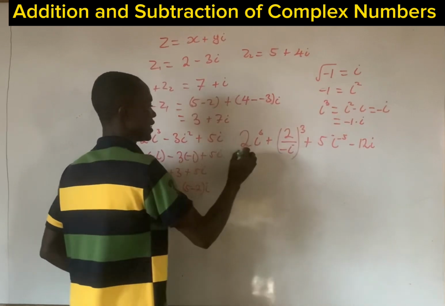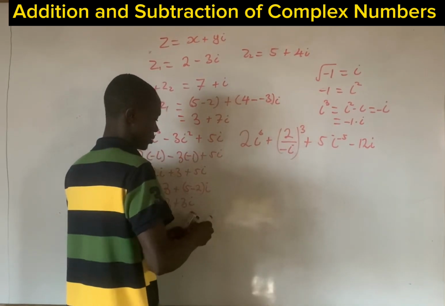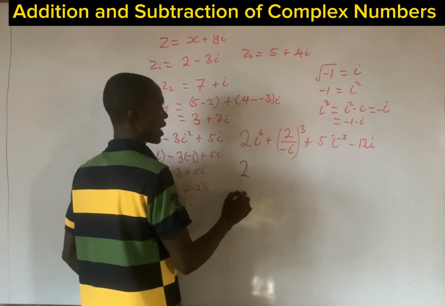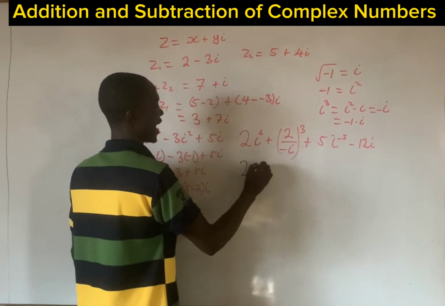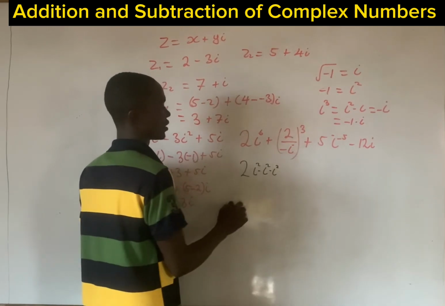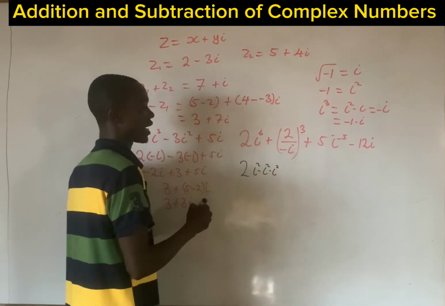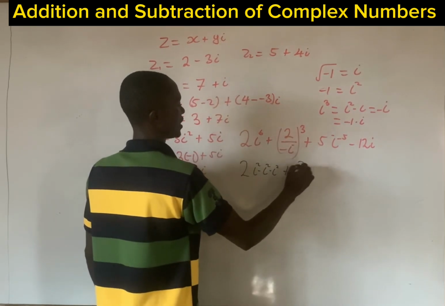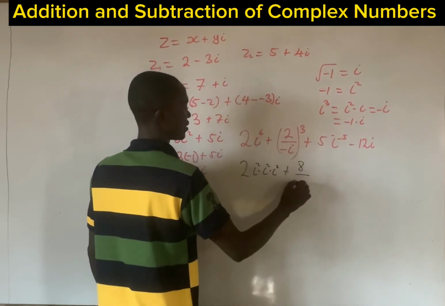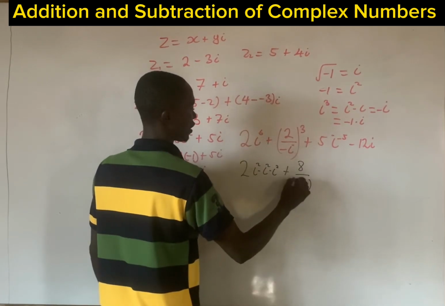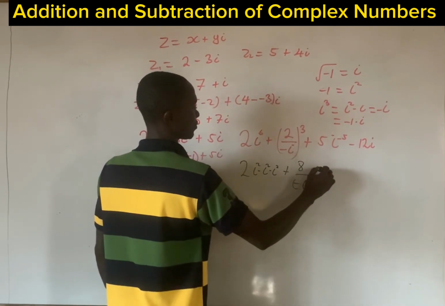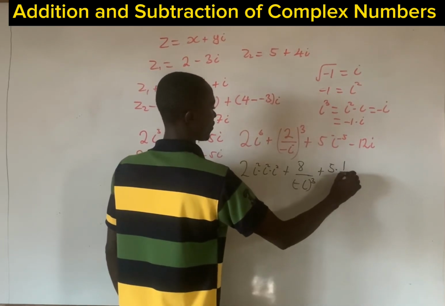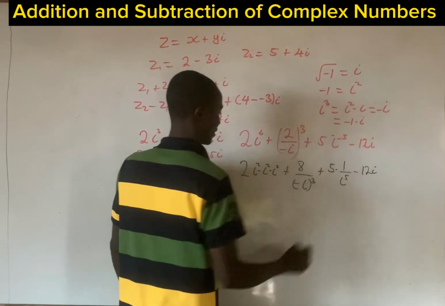Now, i to the power 6 is i squared times i squared times i squared, or we can do it as i squared times i to the power 4. Plus this will give us 8, 2 to the power 3, and this will give us minus i to the power 3. Plus 5 times 1 divided by i to the power 5 minus 12i.